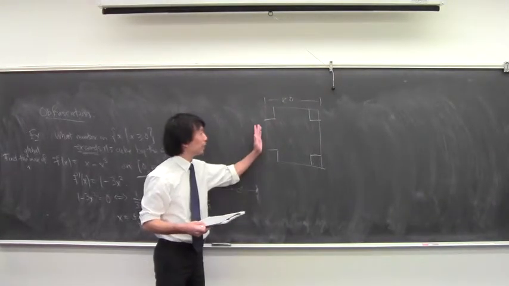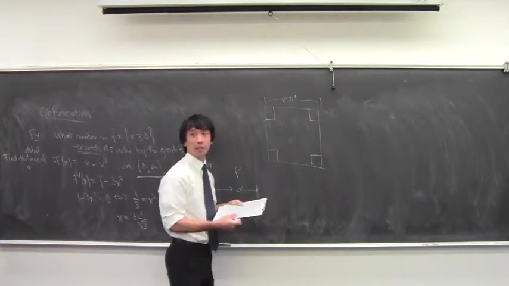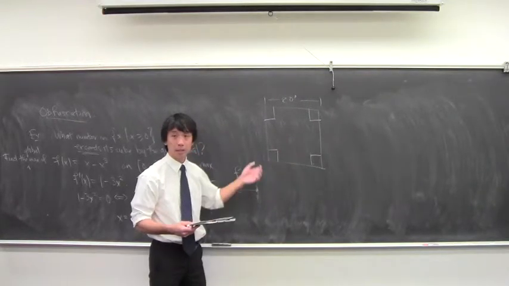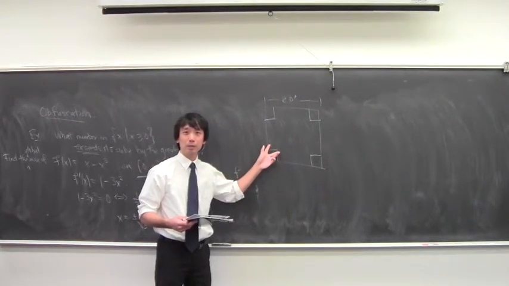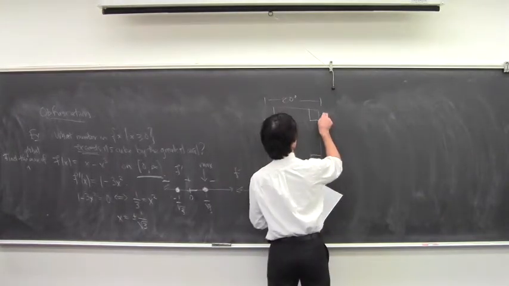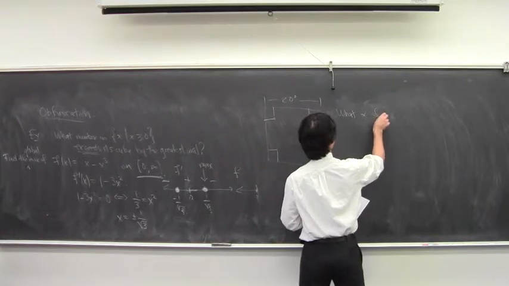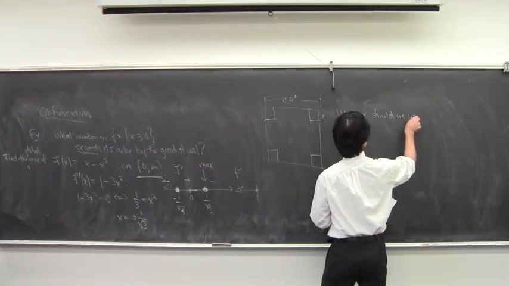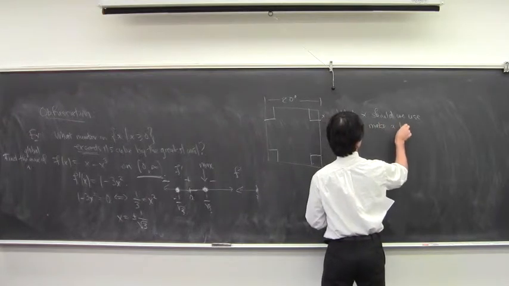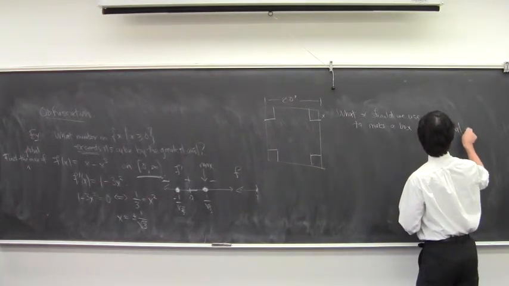So you've got a piece of cardboard that's 20 inches in side length, and they want you to make a box with the maximal volume. So what x should we use to make a box with maximal volume?